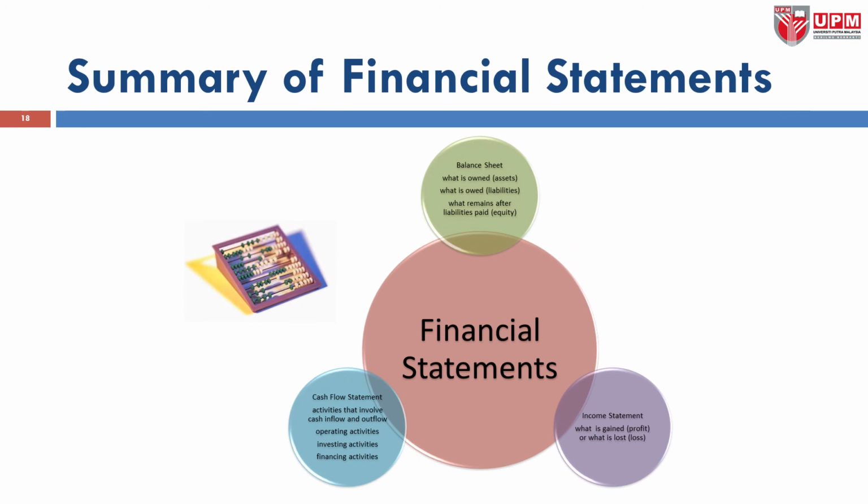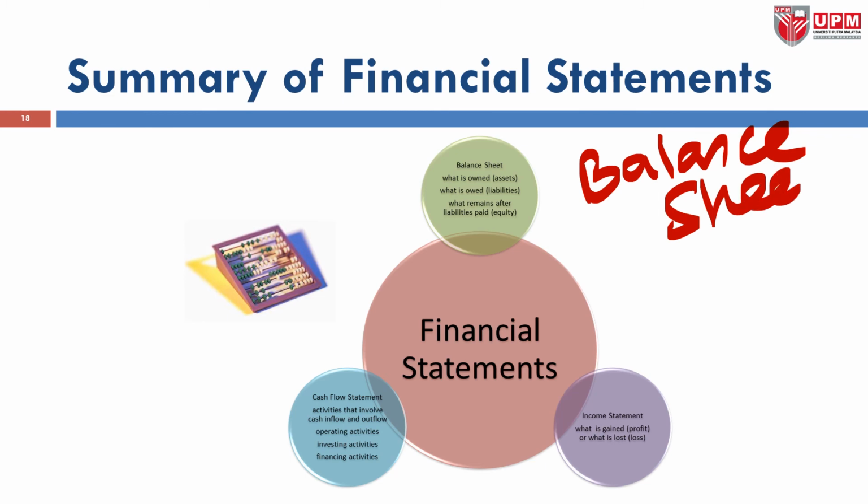In summary, in terms of the financial statements, we have already looked in the beginning on the balance sheet that involve both the current balance sheet and the projected balance sheet. We also already looked at the income statement.